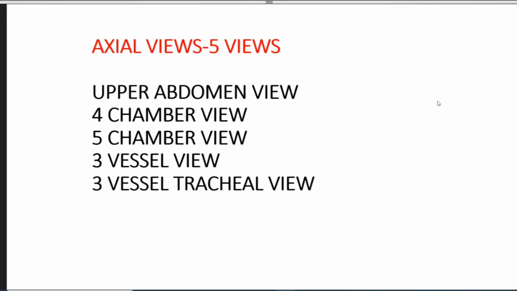The axial views from below above are upper abdomen view. So if anybody asks you what is the first view of a fetal echo, you have to say it is the upper abdomen view, not the cardiac view. So the 5 axial views are upper abdomen view, 4-chamber view, 5-chamber view, 3-vessel view, 3-vessel tracheal view.